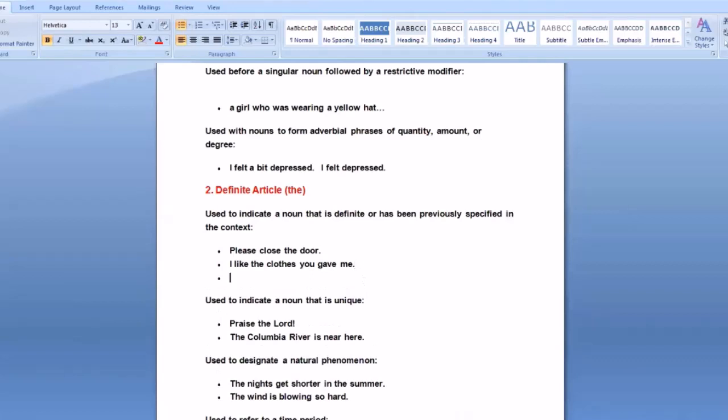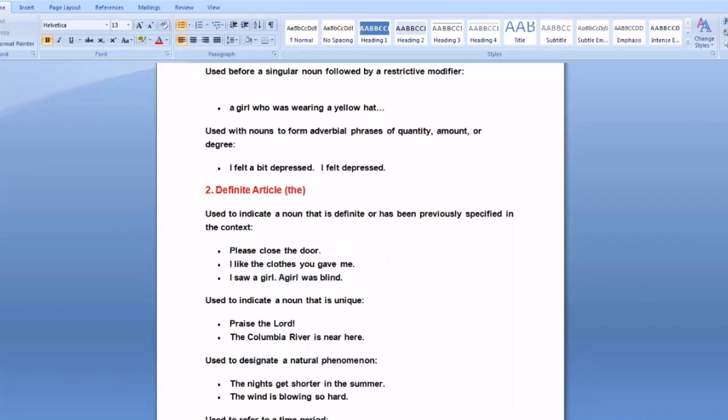Let me give you another example. I saw a girl. The girl was blind. Now I cannot use the indefinite article: "A girl was blind."